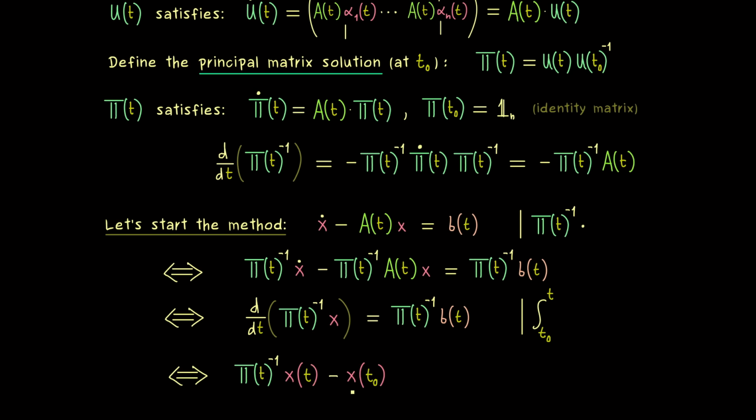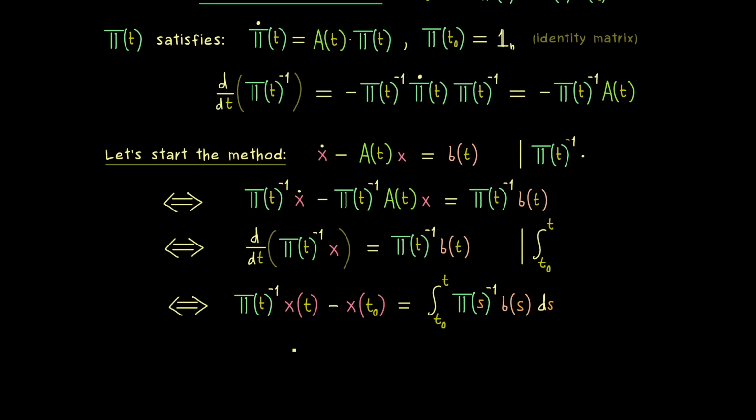And moreover, we don't need to write Pi of t0 because it's given by the identity matrix. And similarly, here on the right-hand side, we cannot do much because we can just write the formula for the general integration. But obviously for our theory this is enough, because now we have our solution of the initial value problem.